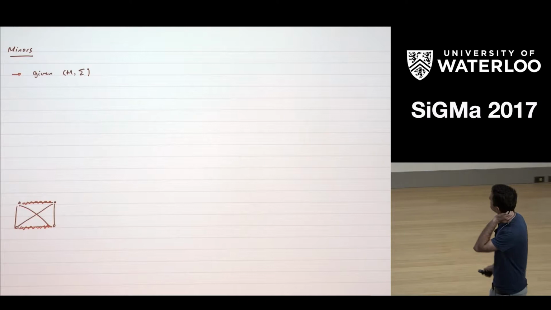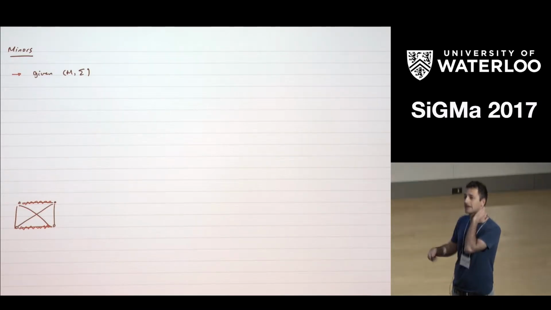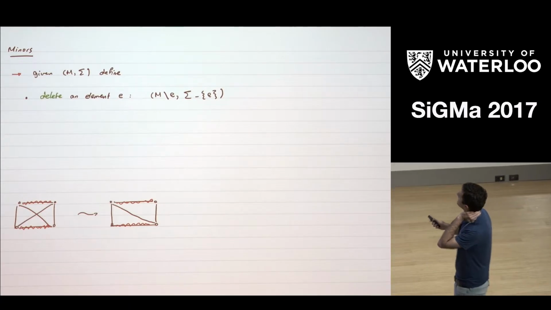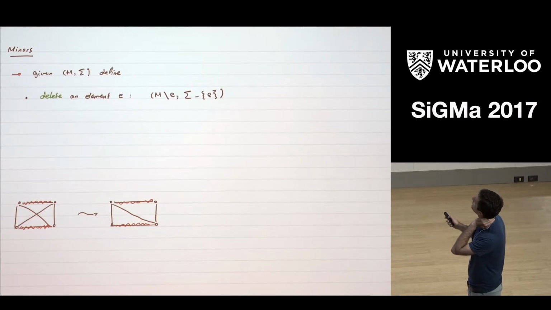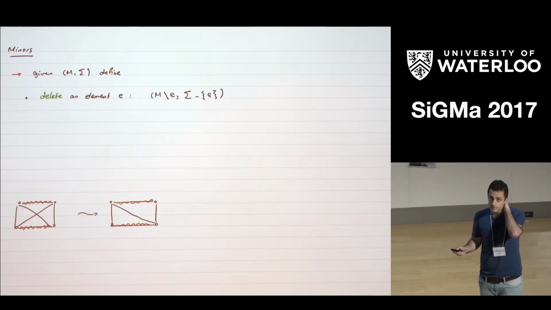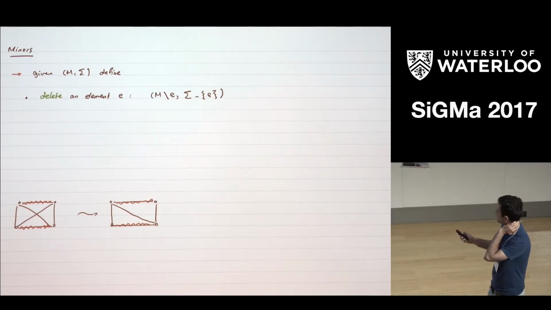The first operation is deletion. You can give me any element, I can delete it. And what that means is you just delete that element from both your matroid and also from the set sigma. So here I deleted that diagonal edge.